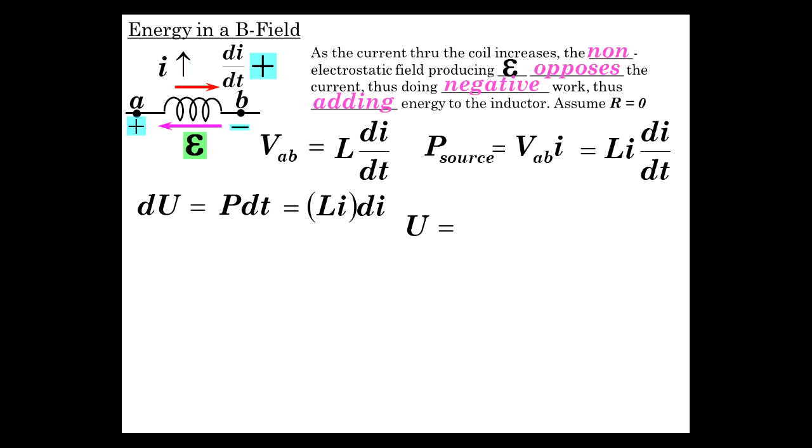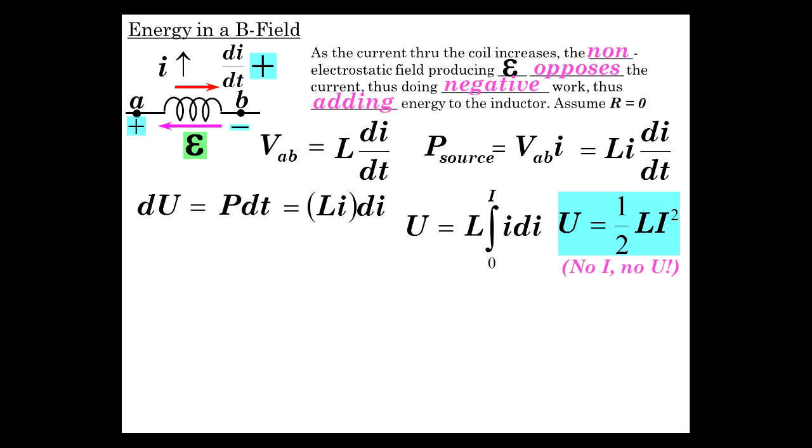So the potential energy that is being added or delivered, you could say, to the inductor is L, which is a constant, times the integral from 0 to the maximum current, or I should say the current that it has or ends up with, of I dI, this really time-dependent intermediate I. So that gives us a potential energy of 1/2 L I squared.